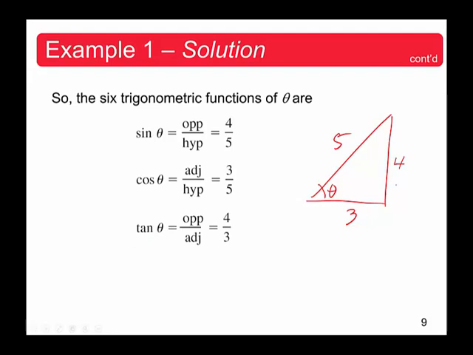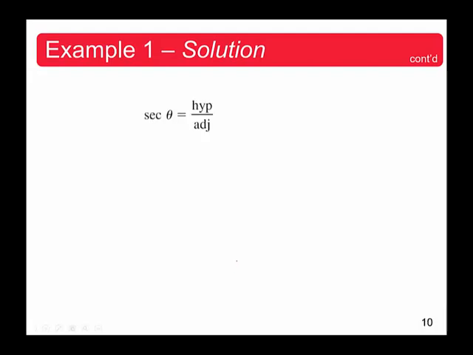Cotangent theta is adjacent over opposite. Cosecant theta is hypotenuse over opposite, so 5 over 4. And secant theta is hypotenuse over adjacent.